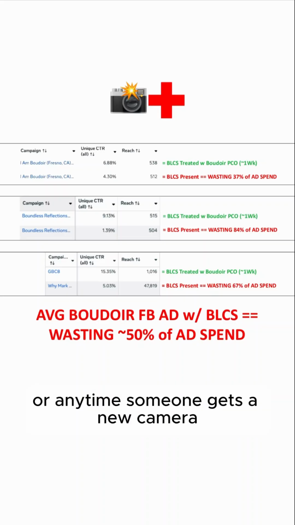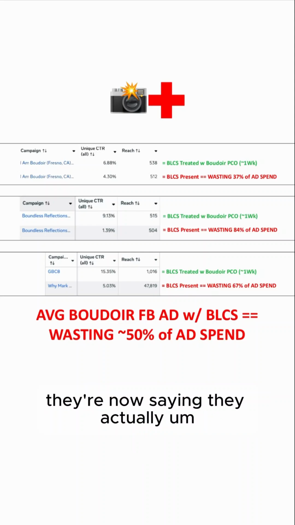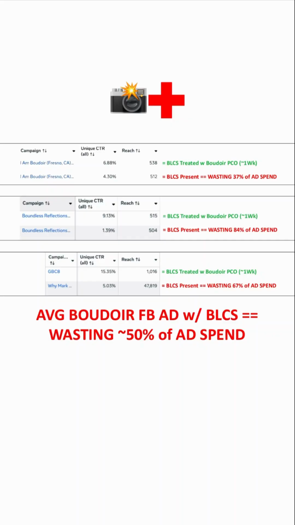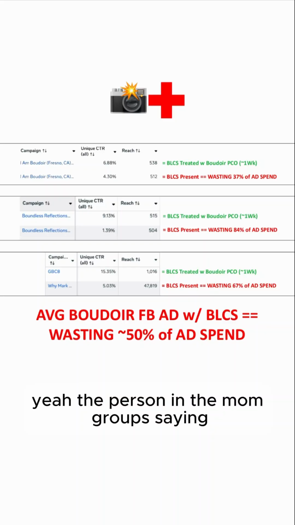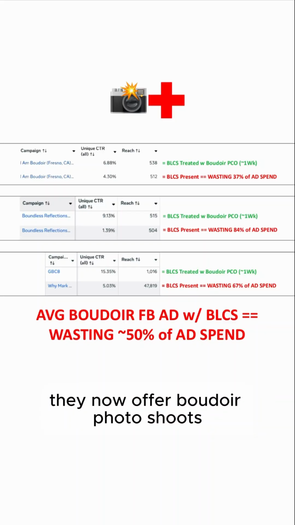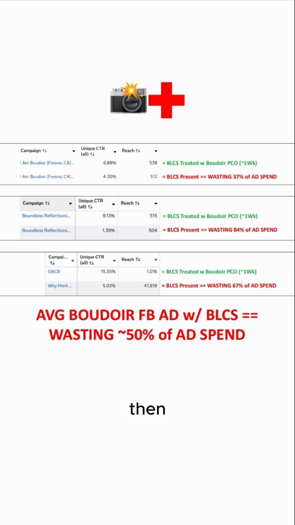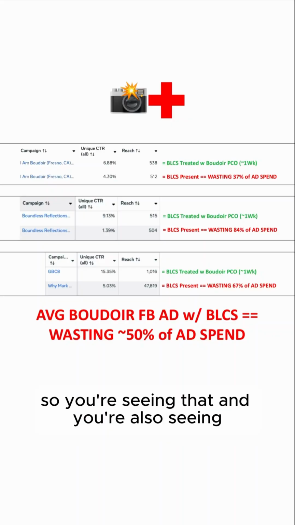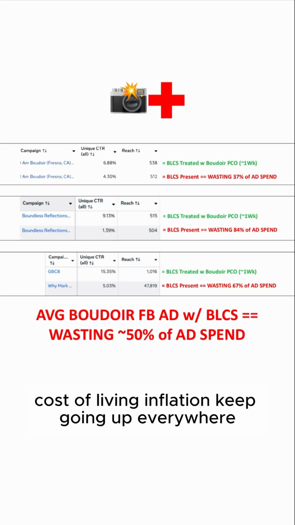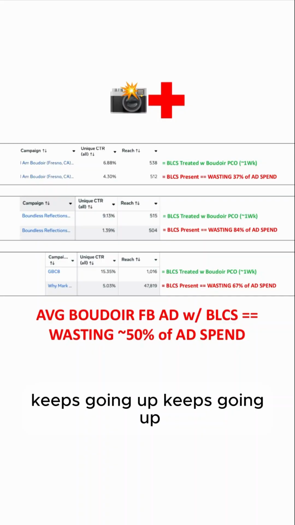Or anytime someone gets a new camera, they're posting in the mom groups saying they now offer boudoir photo shoots. And you're also seeing cost of living inflation keep going up everywhere, keeps going up, keeps going up.